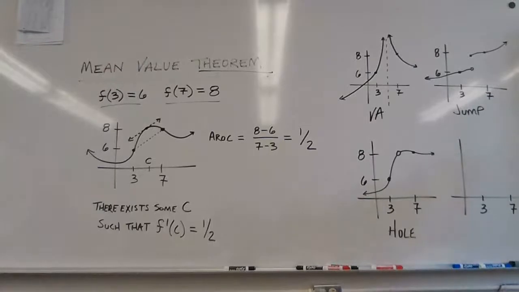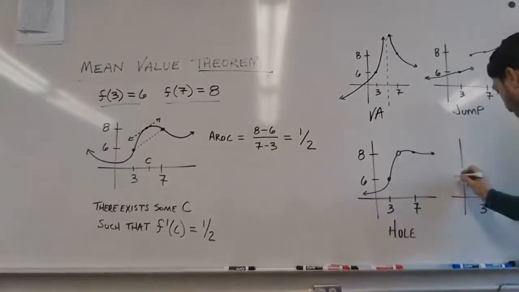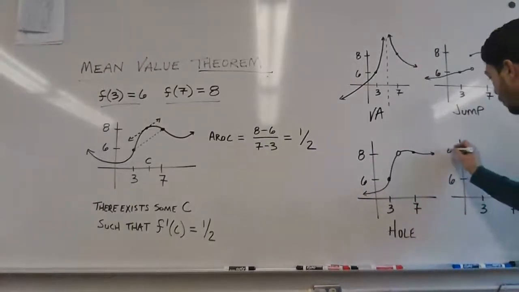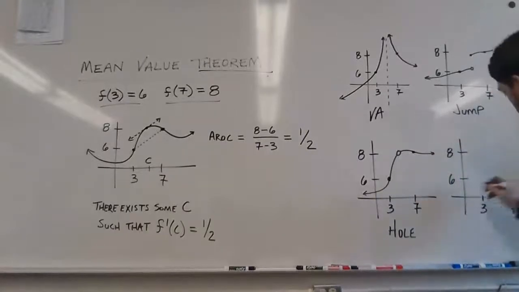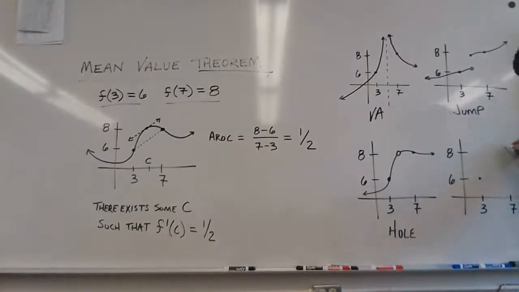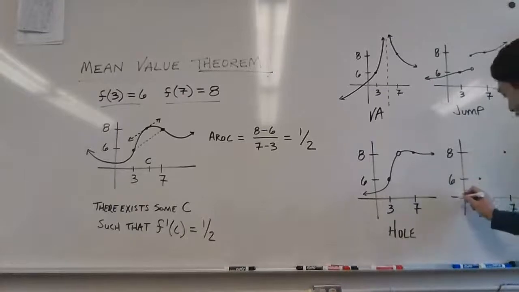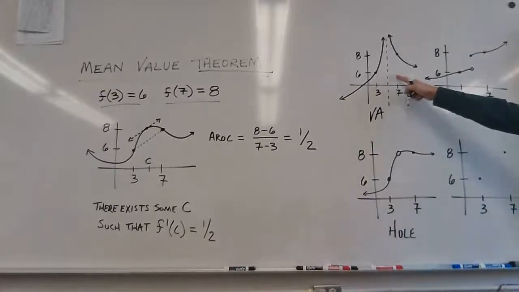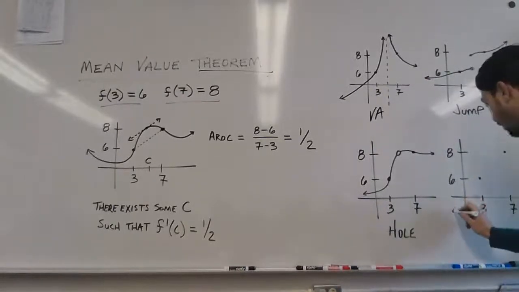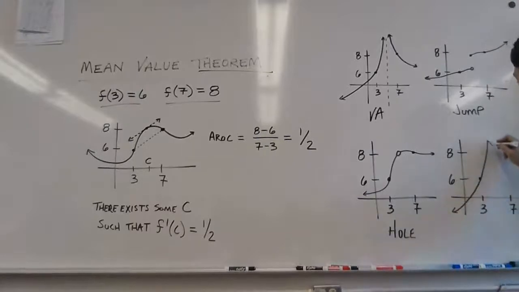Okay, the last one is a pointy. A simple example here is to reproduce this, but with a pointy instead. So what if my curve goes like that?